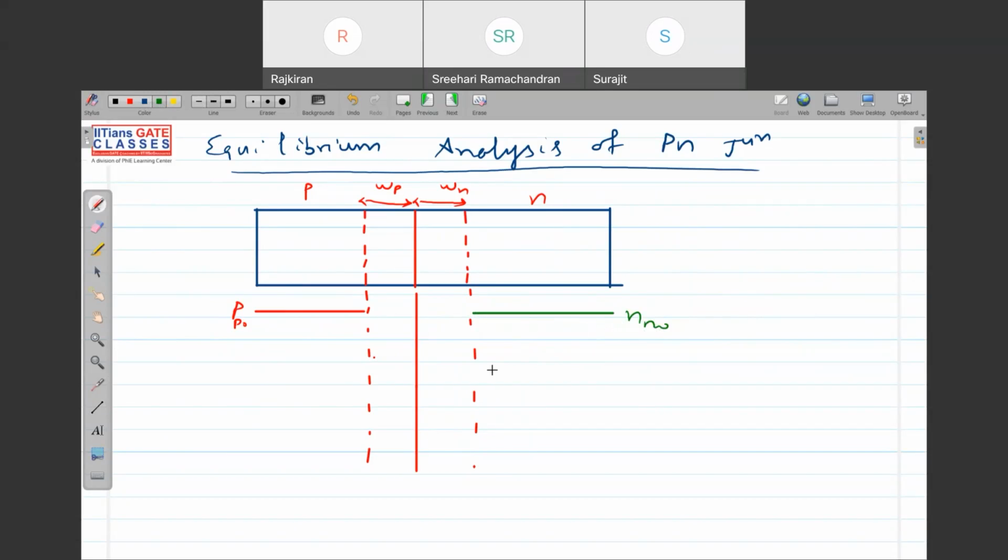Similarly, in the N side, the hole concentration is very, very less. This is called holes in N, PN0. Like in our example, it is around 10 power 16 here, and approximately 10 power 4 per cm cubed there. Clear?